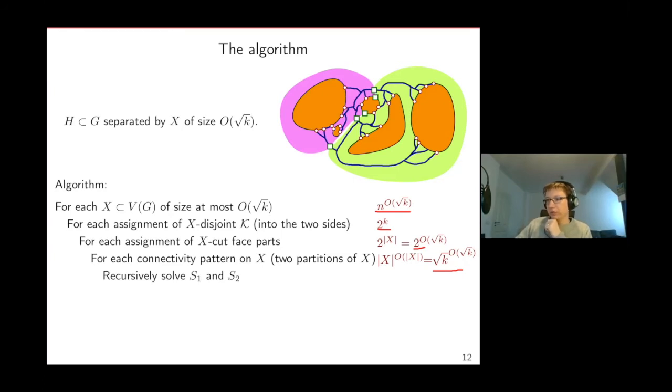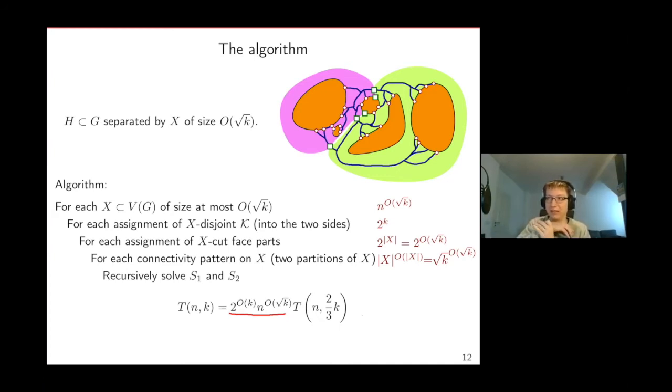So if you write the recursion, then you will get that to solve the problem with parameters n and k, you will have this many iterations. And the subproblem that you need to solve recursively will have a parameter of at most 2/3 k, right? Because the very important property holds that at least 1/3 of the terminal faces will fall in the other side of the separator.